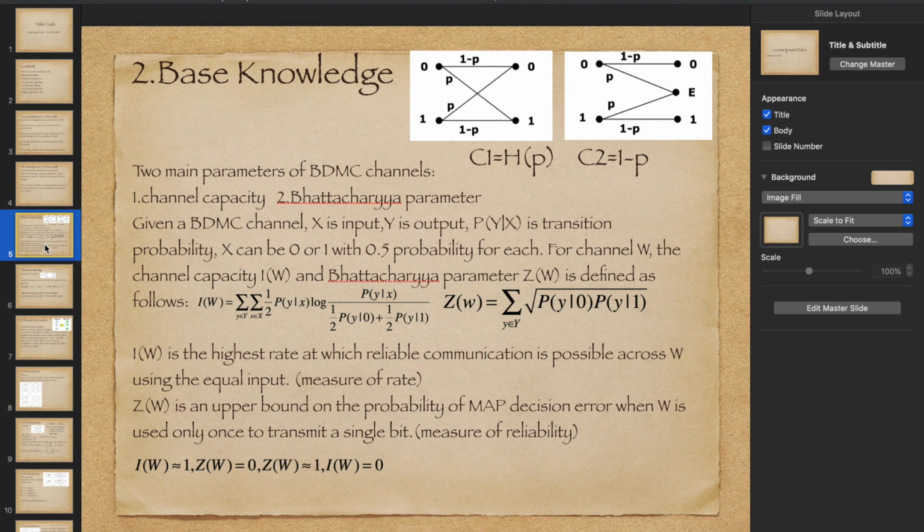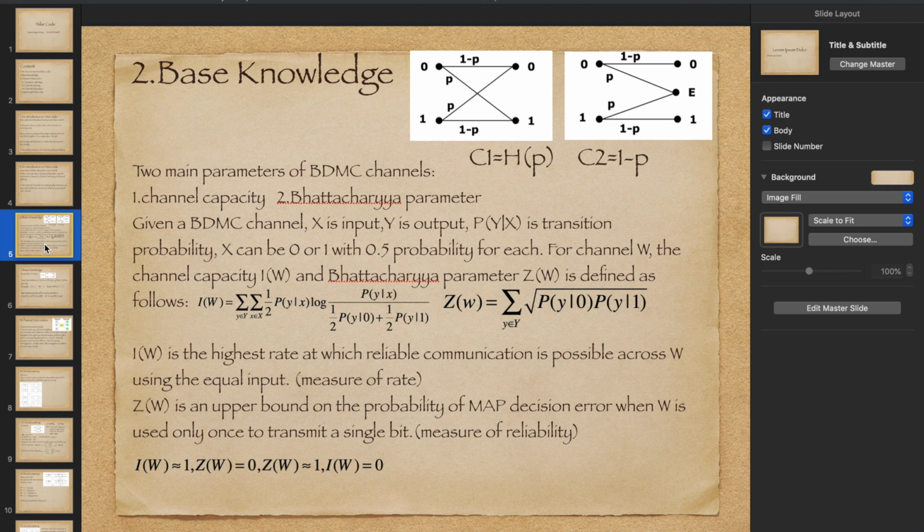And so the base knowledge we need to know, the first one, is if we are given a binary discrete memoryless channel W, x is input and y is output, P of y given x is the transition probability, and x can only be 0 or 1 with half probability for each.